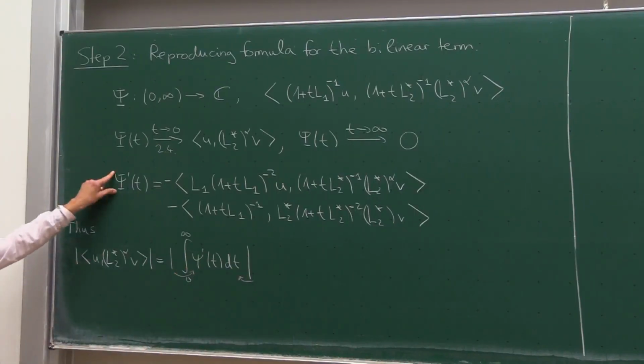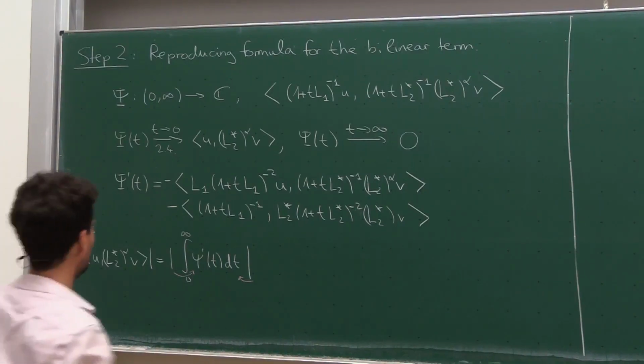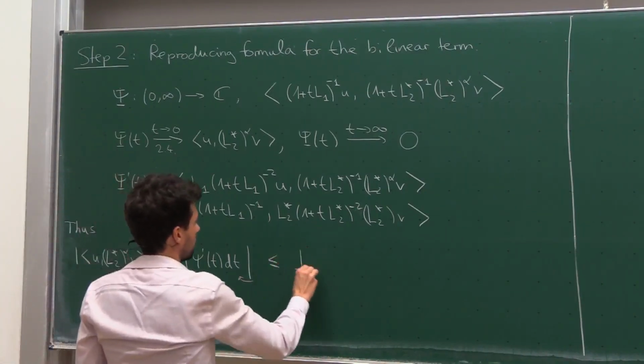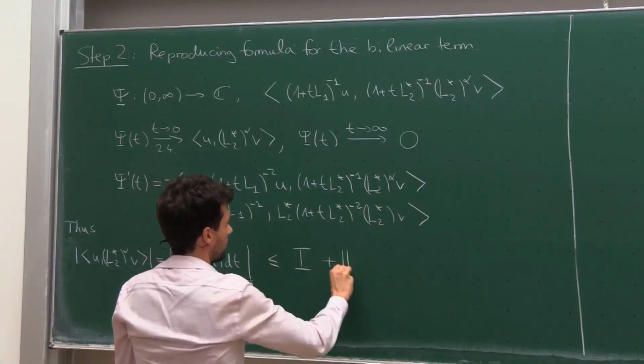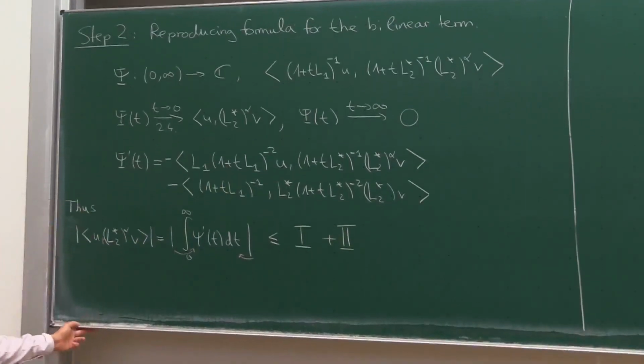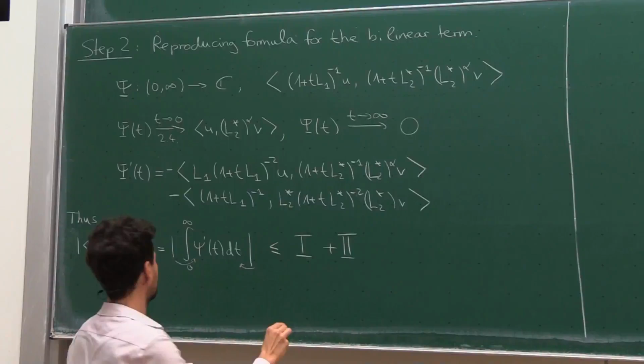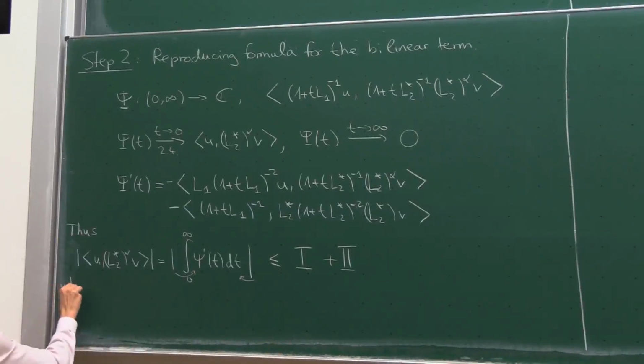Then the absolute value of psi prime is going to be the sum of the absolute values of two terms. I use the triangle inequality, so I can bound this whole expression by the sum of two terms. I'm going to call them 1 and 2, and I'm keeping book of what 1 and 2 are.